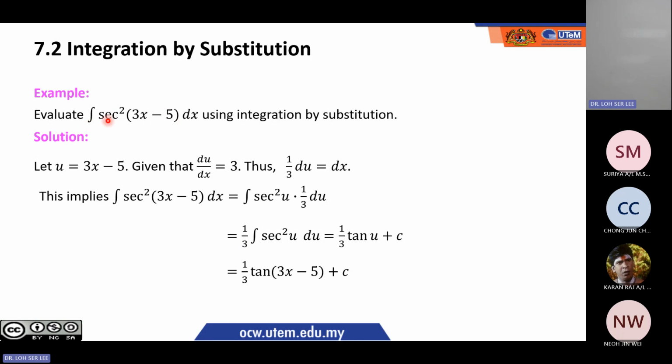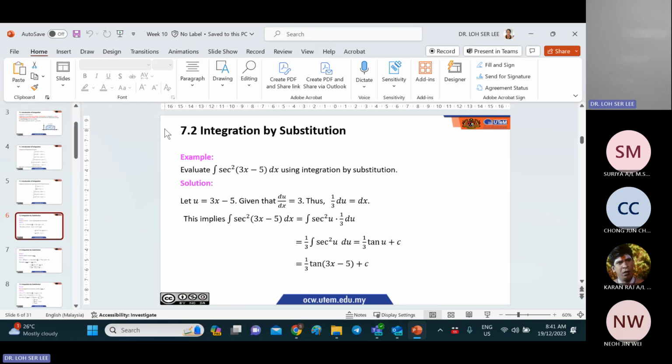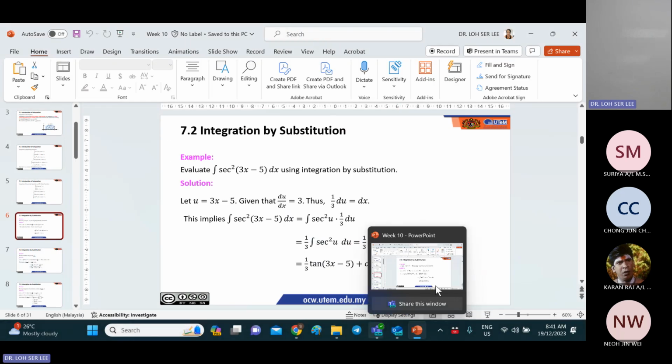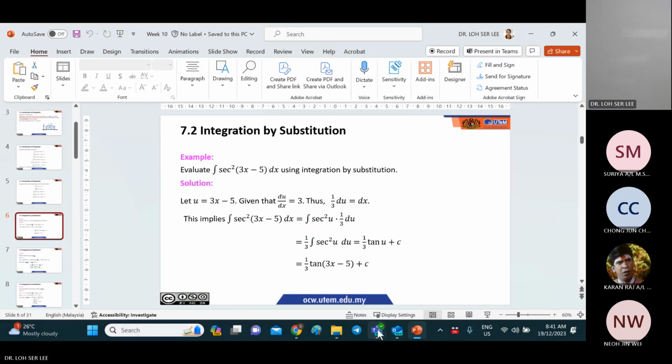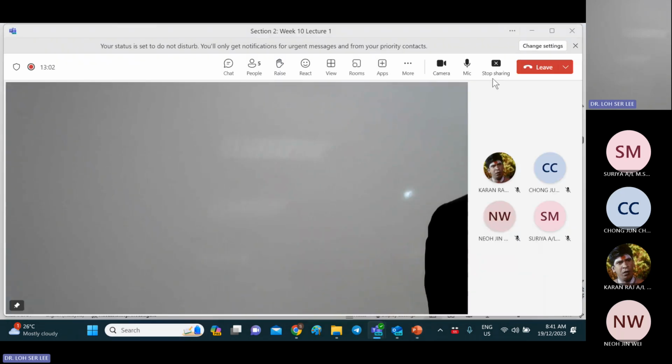We look at this: secant square 3x minus 5. For examples, I think I will just write on the board so that you can see the steps to get the answer.